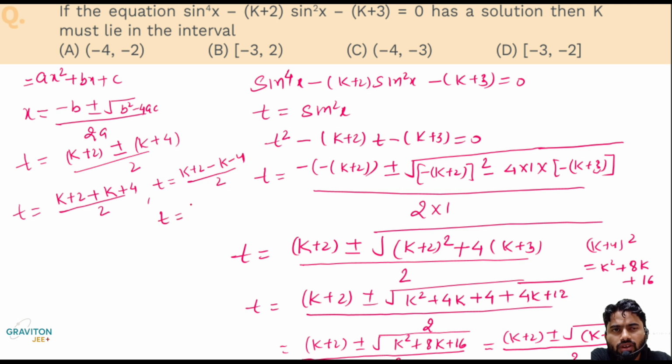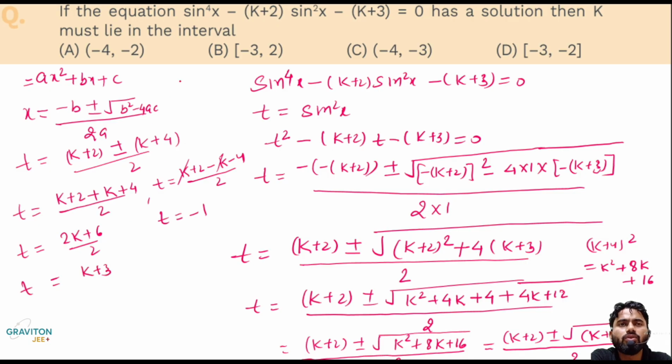From here you will get minus 4 plus 2 minus 2 divided by 2, so here you will get t equal to minus 1, and here you will get 2k plus 6 by 2, which is k plus 3.